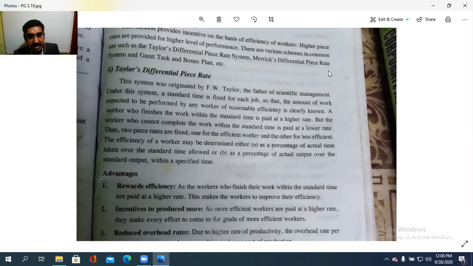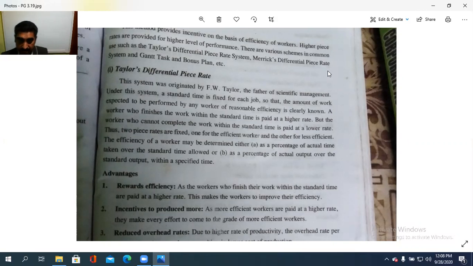Therefore, two piece rates are fixed, one for the efficient worker and the other for the inefficient worker. Then the efficiency of a worker may be determined either as a percentage of the actual time taken over the standard time allowed, in order to finish that production, and also as a percentage of the actual output over the standard output.